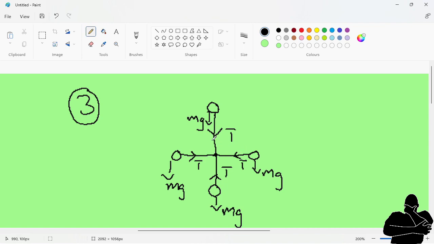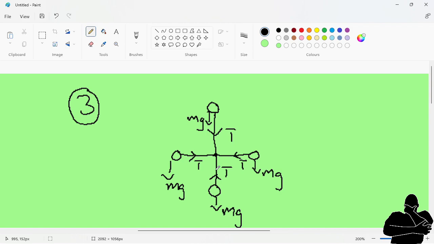And it's the same over here. But up here, the force that is acting to pull the stone towards the center of the circle is the tension and its weight. Down here, tension and weight are also acting in the plane that pulls the stone towards the center of the circle.